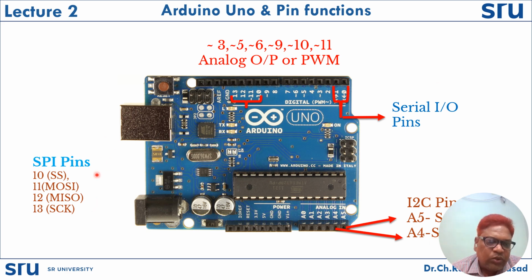And coming to SPI pins, there are 4 pins provided for SPI, serial peripheral interface. The 10th pin is slave select, 11th pin is master out slave in, 12th pin is master in slave out, and 13th pin is SCK. The complete description we will discuss in the next slide.